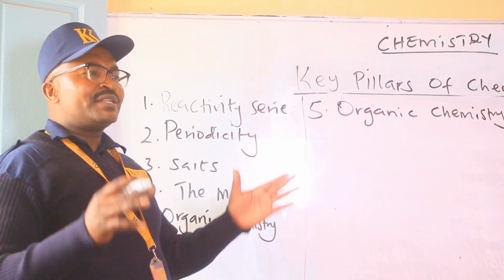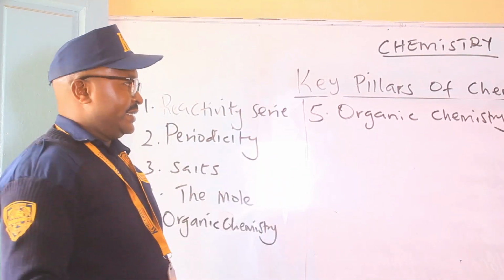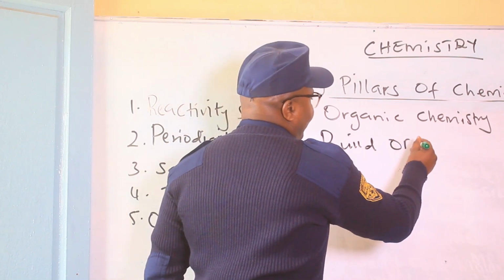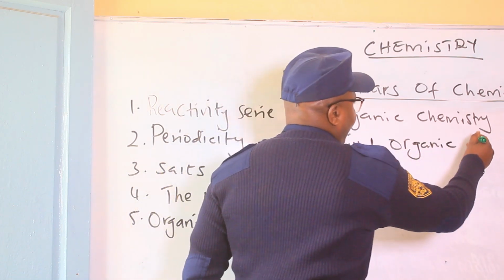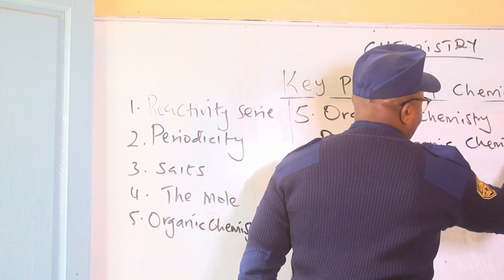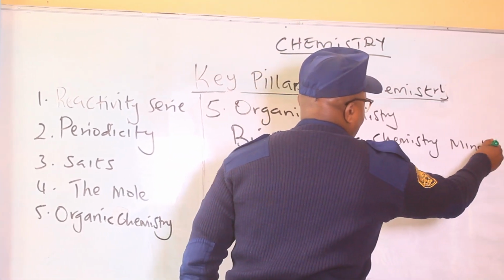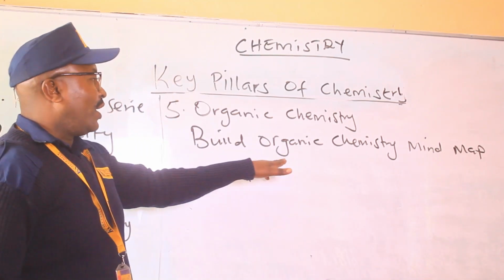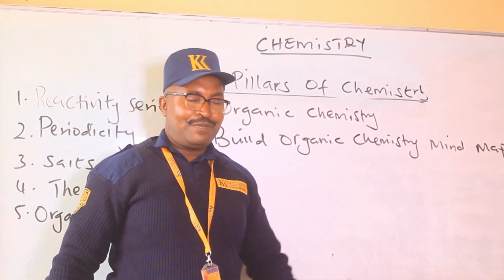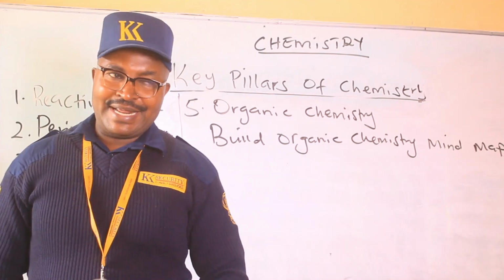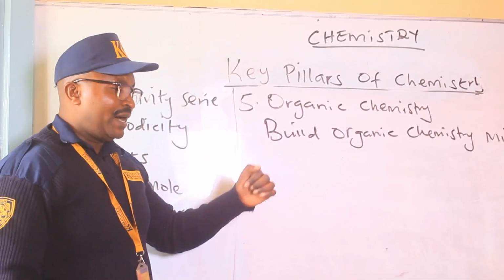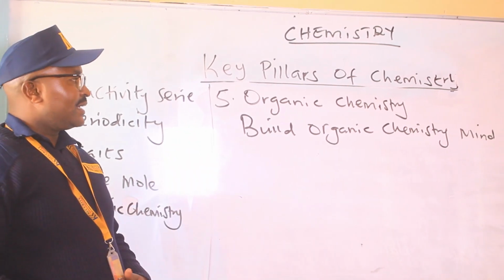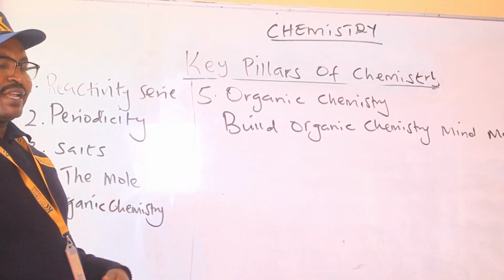Because what you need to do as a student is build what we call an organic chemistry mind map. What am I saying when I say organic chemistry mind map? You know those reactions, those processes that are featured in organic chemistry.